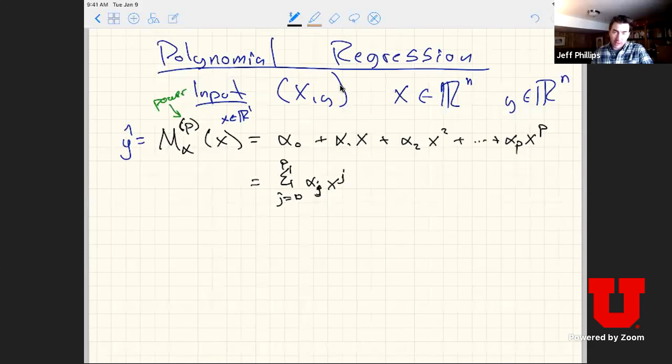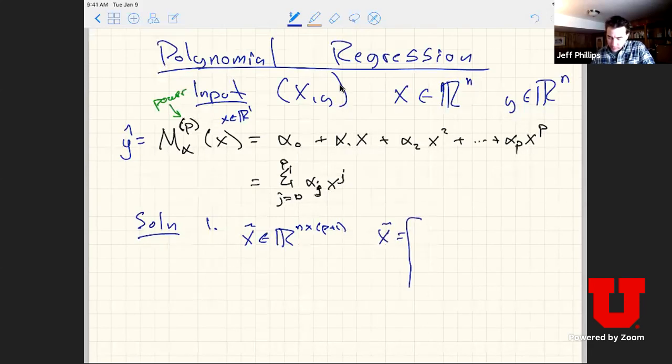Okay, and then the solution to this is again going to be fairly simple. The solution is going to have 2 parts again. One is I'm going to construct this x tilde, which is now going to be in R^(n times (p plus 1)) instead of d plus 1 for this power. The first coordinate is 1, the second coordinate is x1, and the third is x1 squared, up to x1 to the power p.